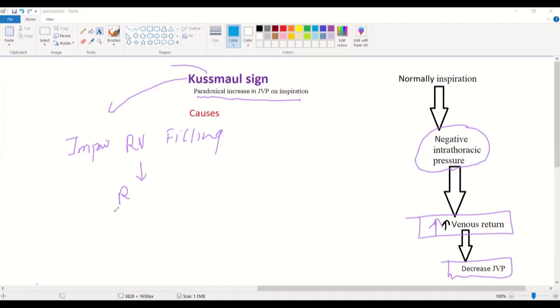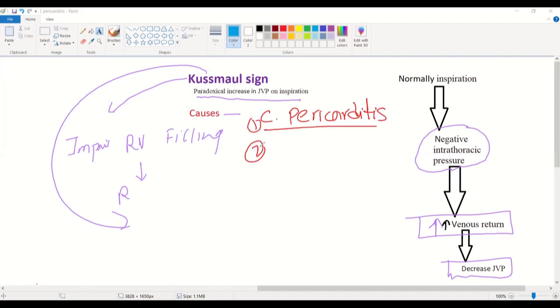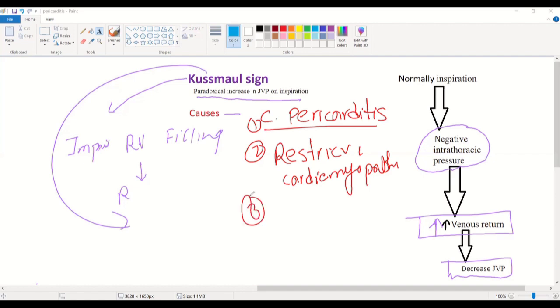The Kussmaul sign is present in constrictive pericarditis, restrictive cardiomyopathy, right heart failure, and many more conditions.